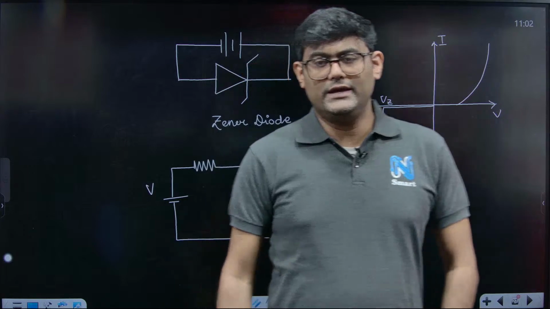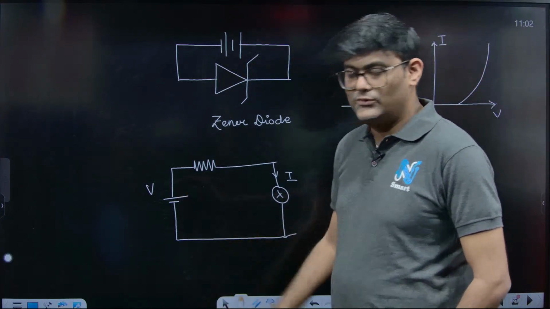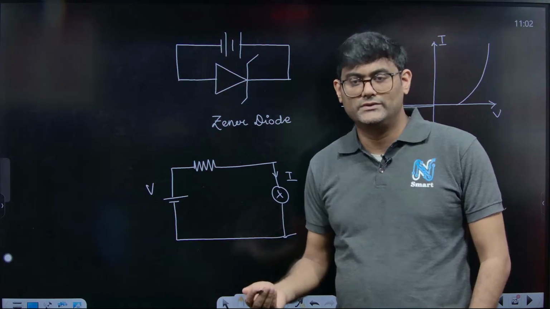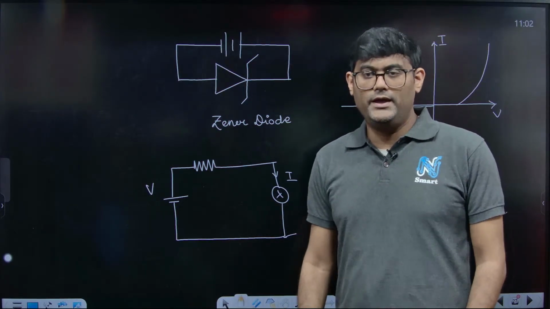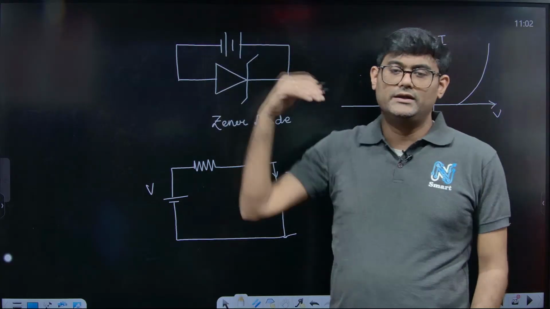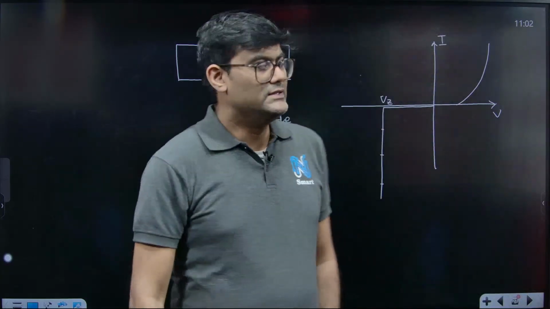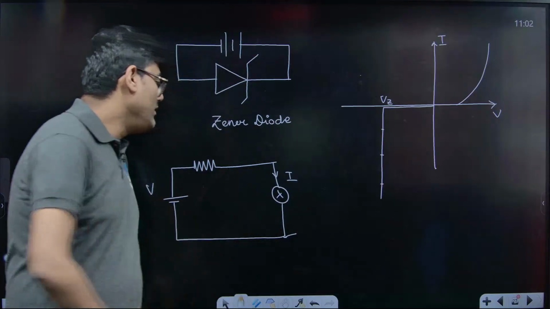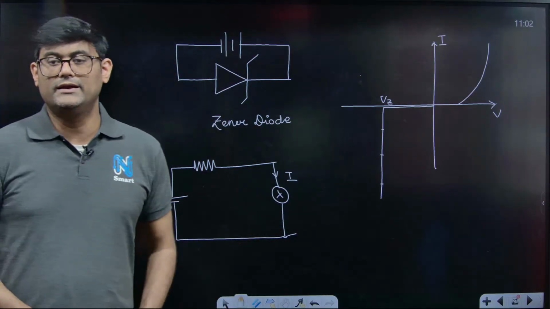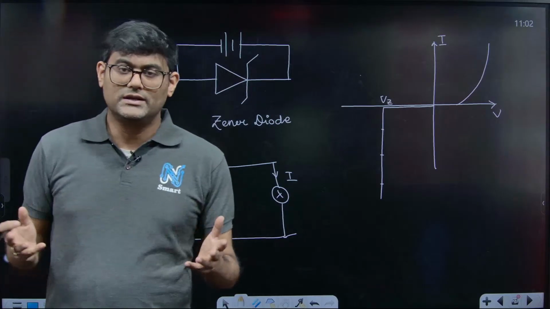But there are several situations when you can see the source voltage also fluctuates with time, right? It may spike up for any reason. In that case the current will be very large and this huge current can damage costly appliances.